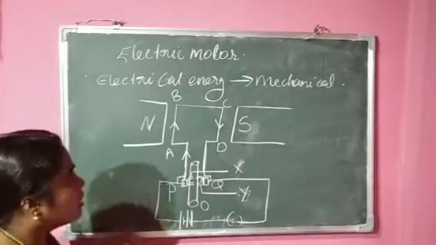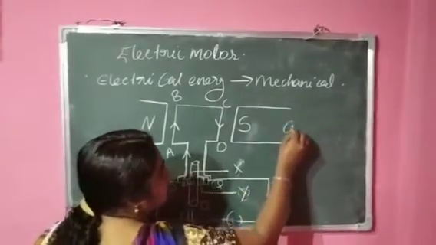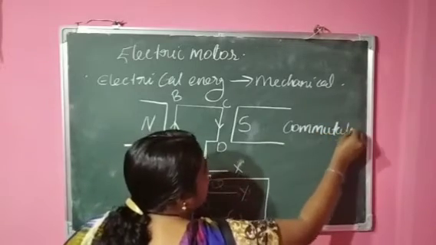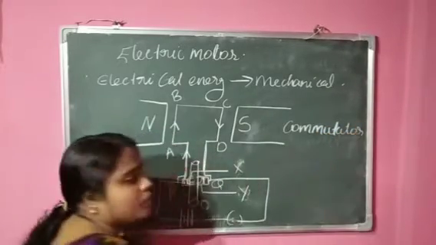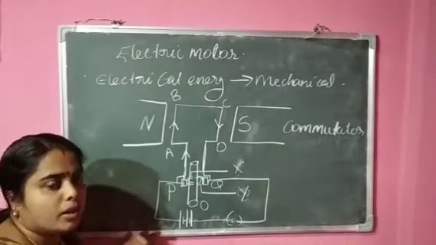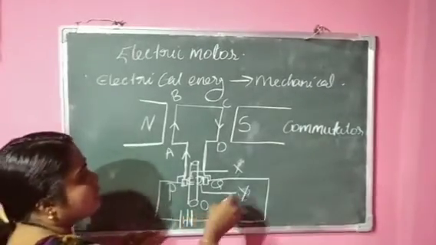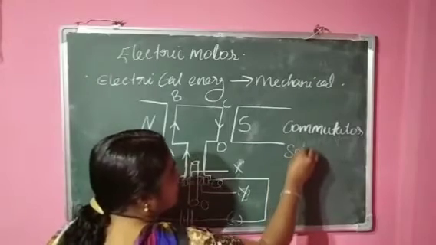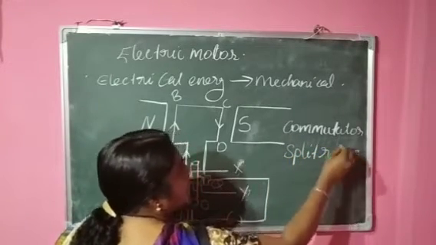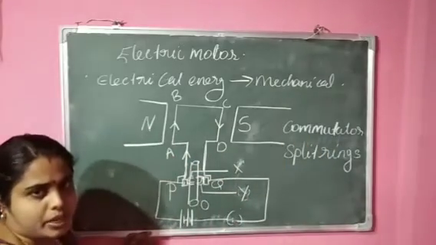The device which changes the direction of current is called commutator. Here these split rings act as the commutator.